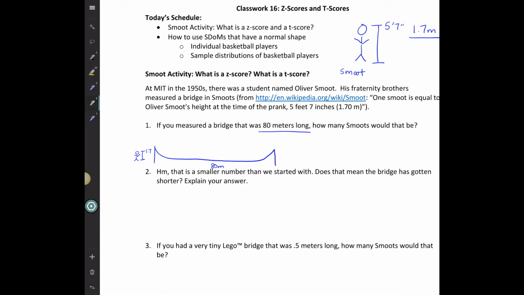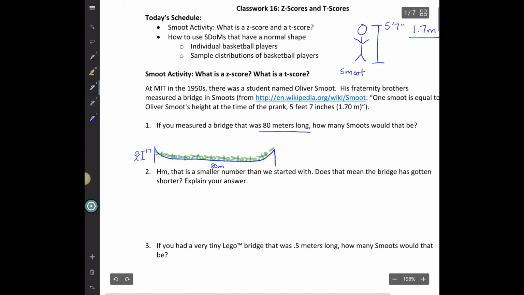Right? So we could have, like, I want you to imagine one little smoot, and then he gets up and moves and puts his feet where his head was. You can see, just imagine getting up and measuring and marking it over and over and over. We want to know how many of these little smoots are going to fit on this bridge. This is not drawn to scale, so don't just count how many that is.